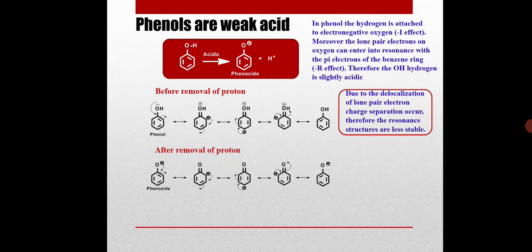After removal of the proton, the phenoxide ion is formed, in which the negative charge on oxygen enters into resonance with the pi electrons of the benzene ring. As this delocalization happens, there is no charge separation, and so the resonance structures of the phenoxide ion are more stable than the resonance structures of phenol.